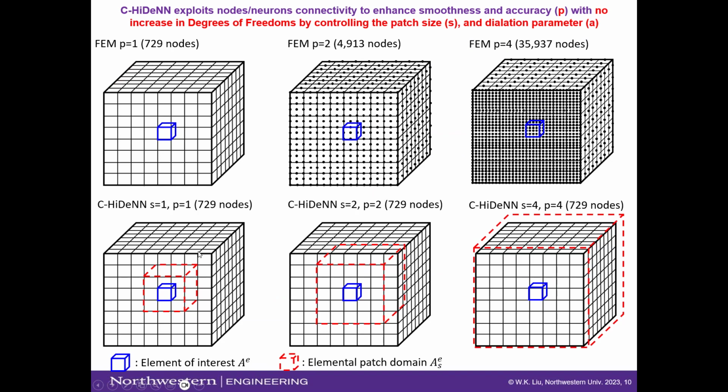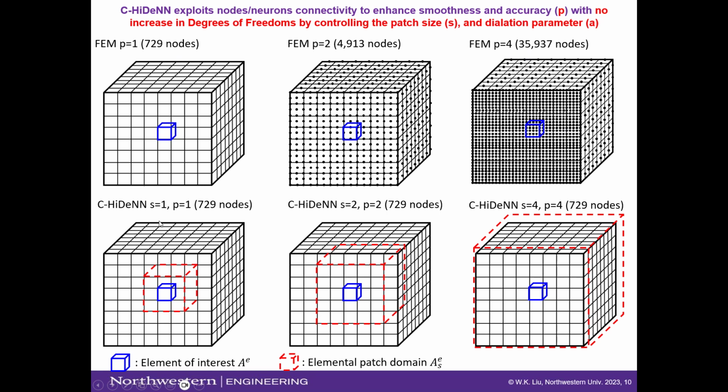I once mentioned this about the degrees of freedom. So this exactly shows that for a higher order finite element, you have more degrees of freedom, right? Compared to linear FEM, you firstly had only 729 nodes in your mesh. But if you go to p equals 4, now you have over 35k nodes.